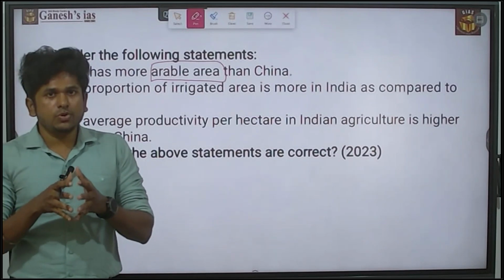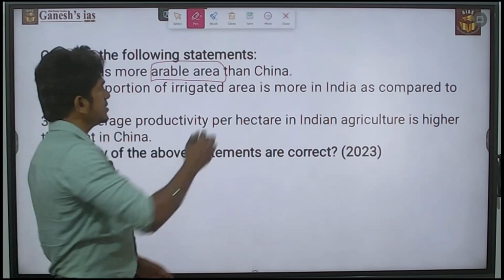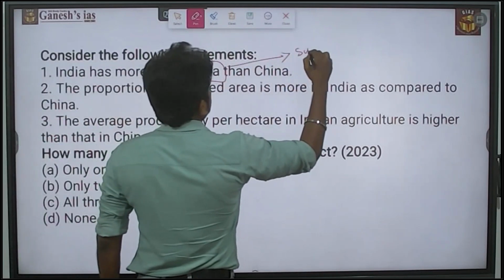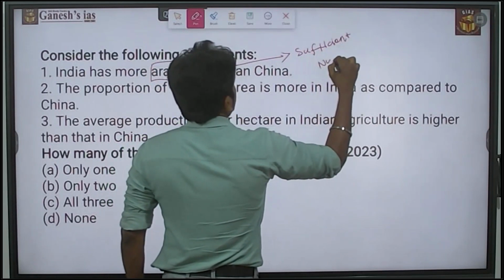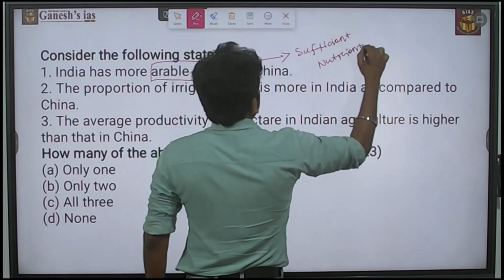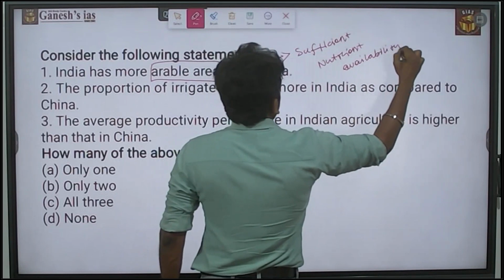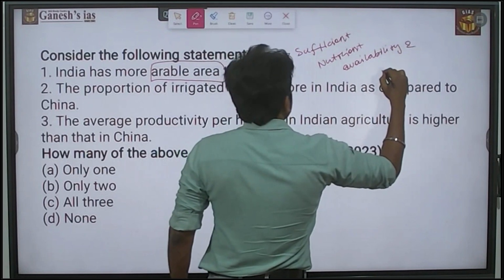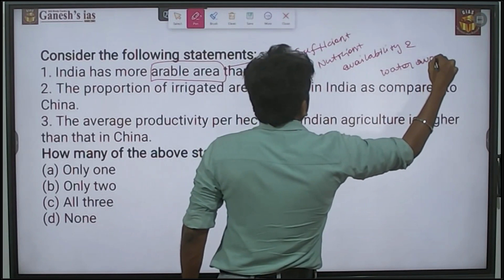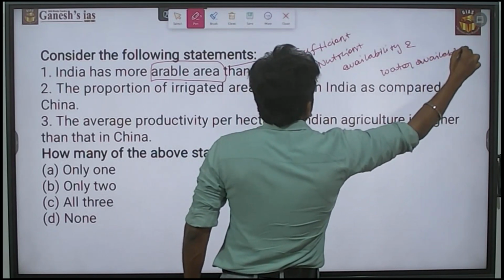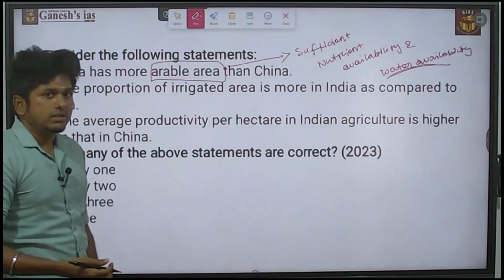If the land is able to produce a crop, then that land is called arable area, which means land with sufficient nutrient availability and also water availability.